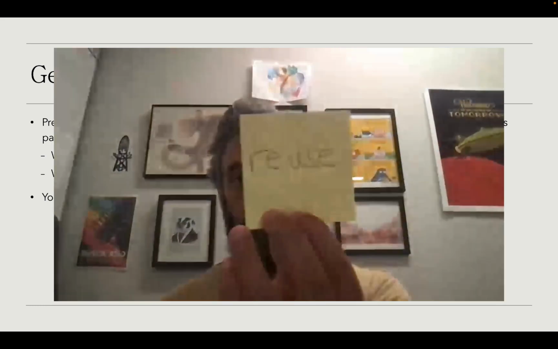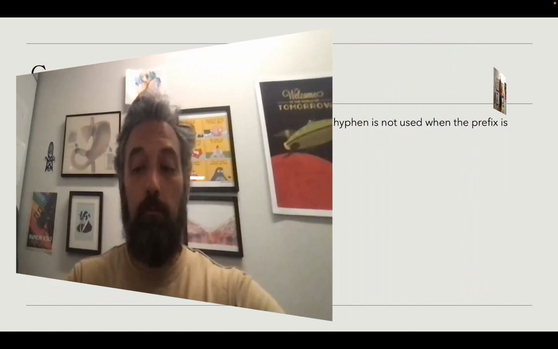If it's written in a word, it'd be dysphagia, or something in a more common type of wording would be reuse. So we don't put the hyphen in it, and you'll see that on the next couple of screens.